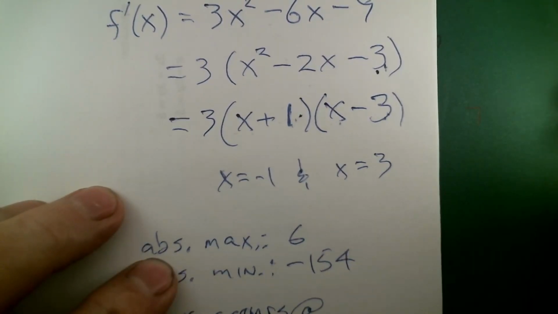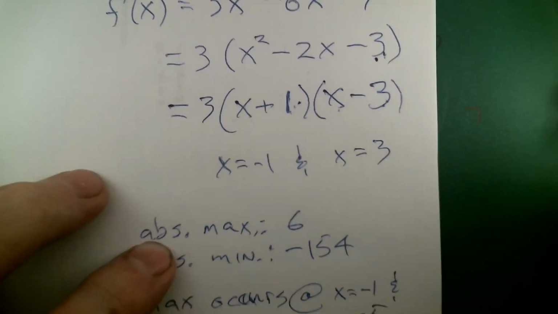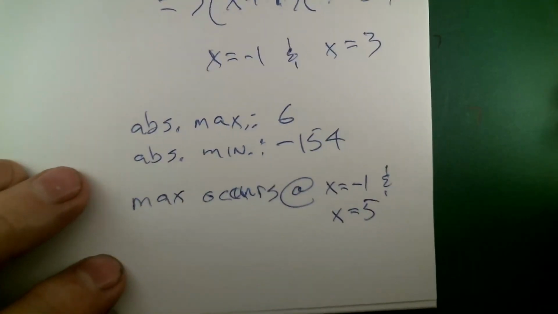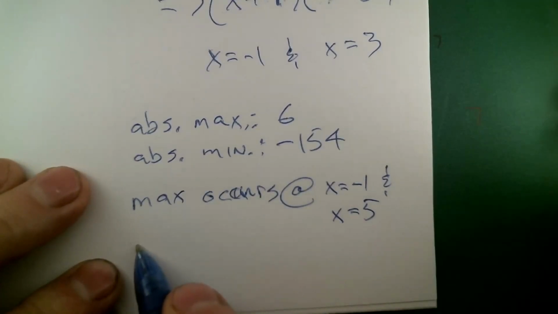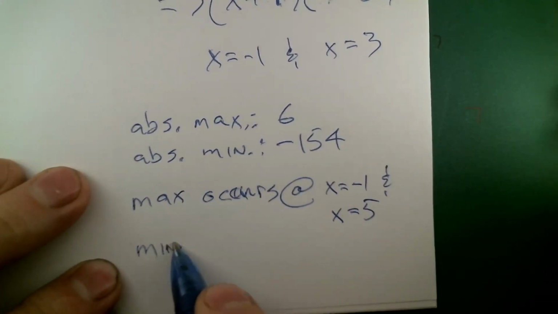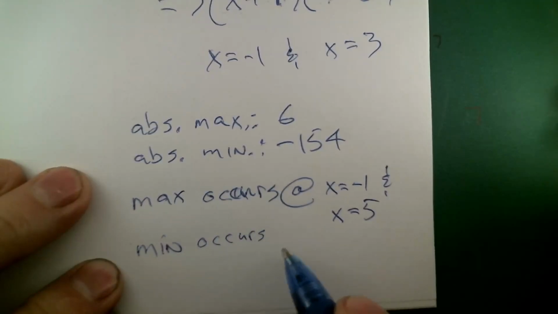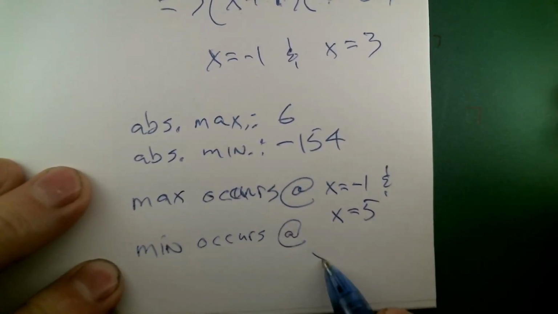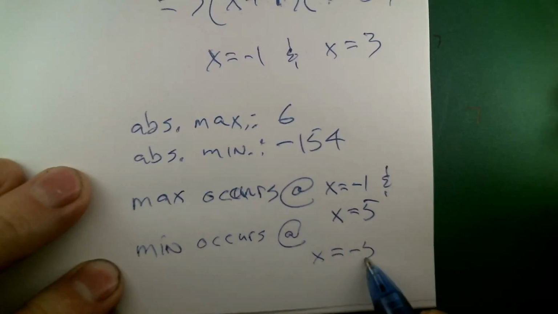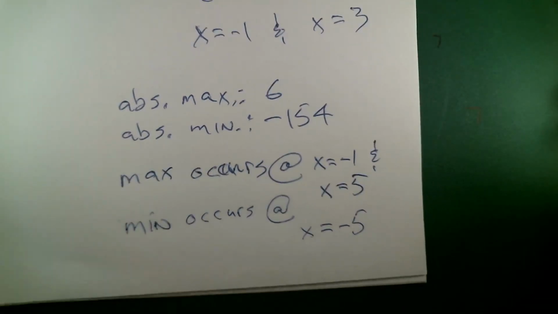One was x equals -1, and the other was x equals 5. Oops, off the page. Sorry about that. And then the final thing for this problem, where's the min happen? The min occurs at x equals -5, the left-hand endpoint of our interval.